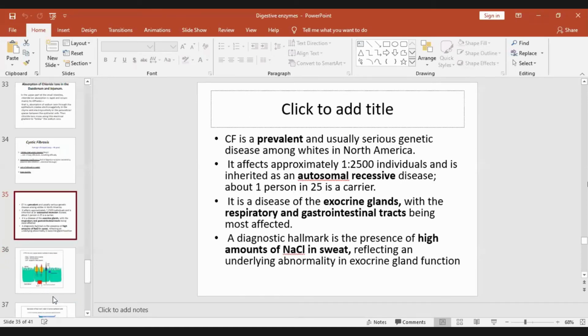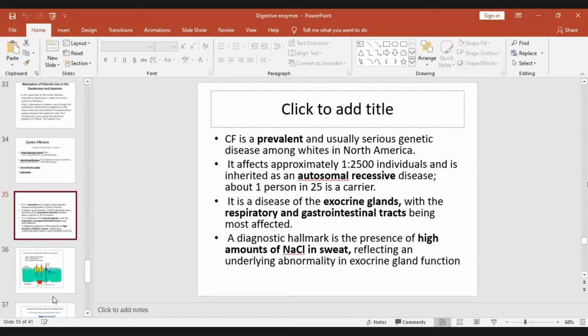Cystic fibrosis is a prevalent and serious genetic disease, affecting approximately 1 in 2,500 individuals, inherited as an autosomal recessive disease, and about 1 in 25 is a carrier. This is about cystic fibrosis.